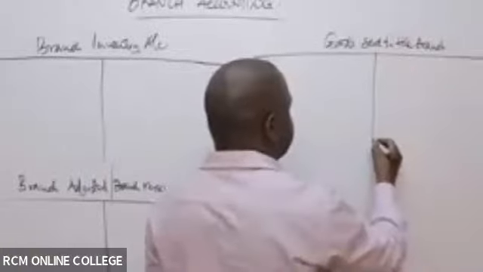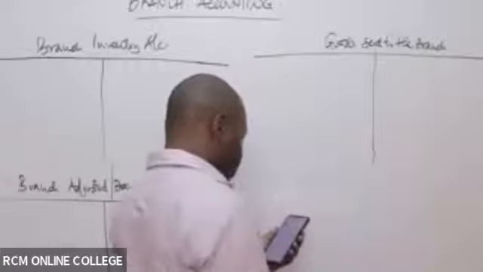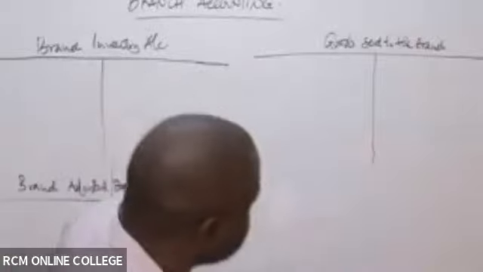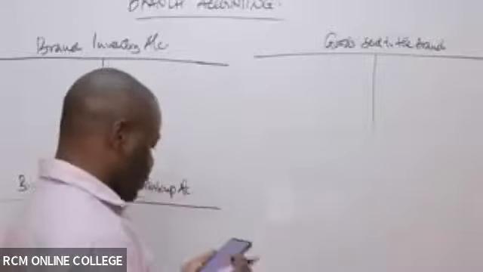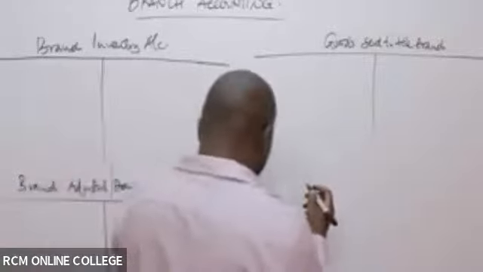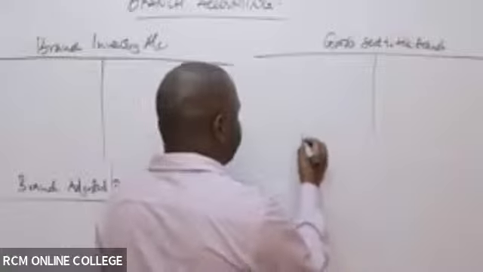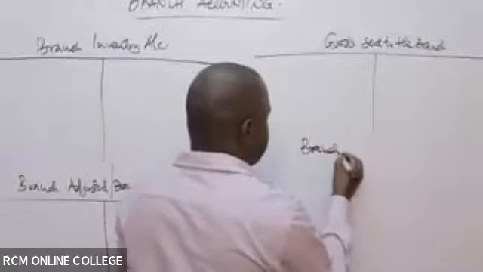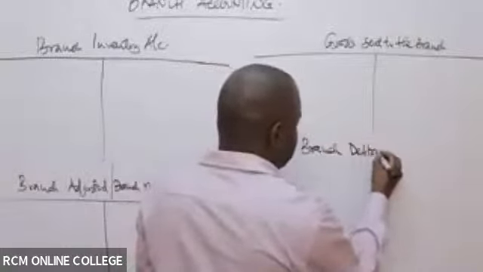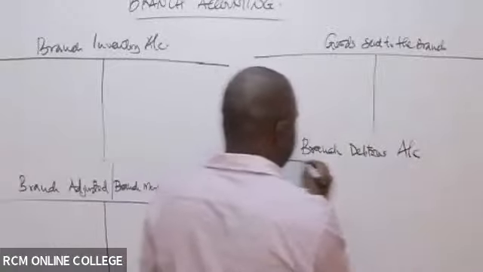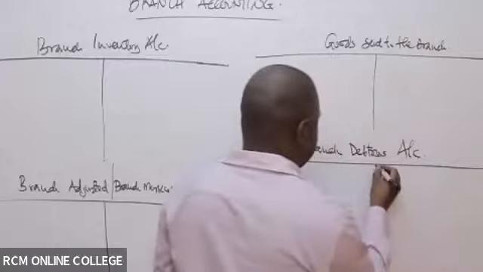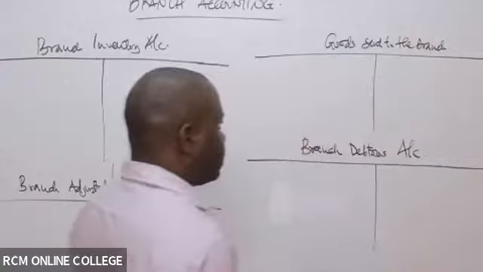Hope you're able to see it. So goods sent to the branch account. Then we can have the final one, the branch debtors account. They have also called upon us to prepare the branch debtors account.